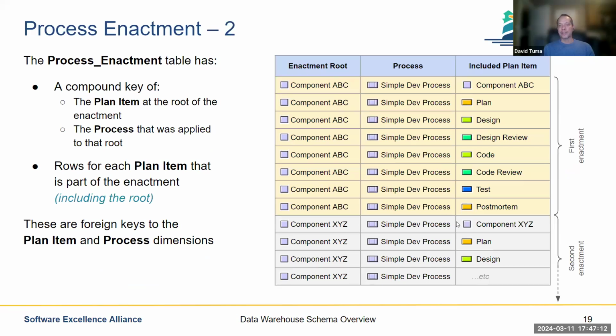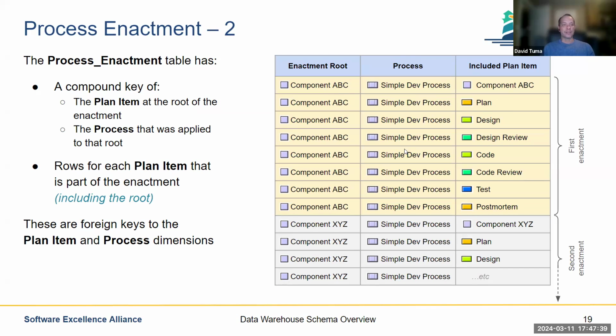And I'm drawing this with pictures, but what you would actually see if you looked in the database would be three numbers. These are all foreign keys: this is a foreign key pointing at component ABC in the plan item table. This is a foreign key pointing to the simple dev process in the process table. This is a foreign key pointing to the plan task in the plan item table, right?